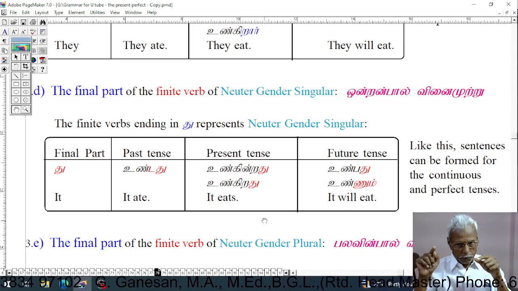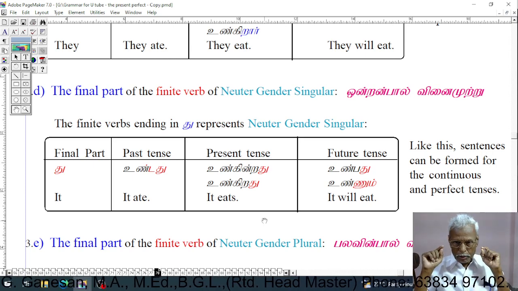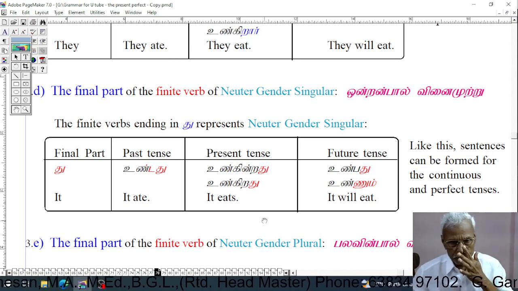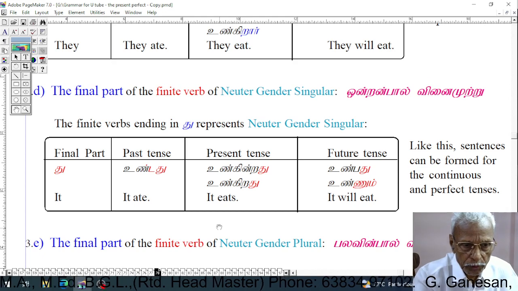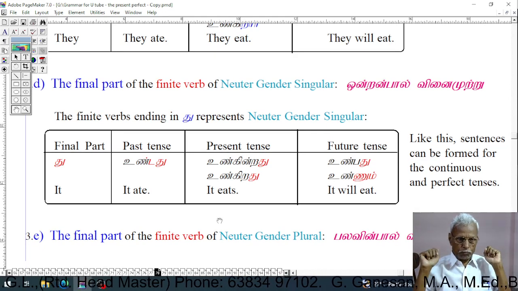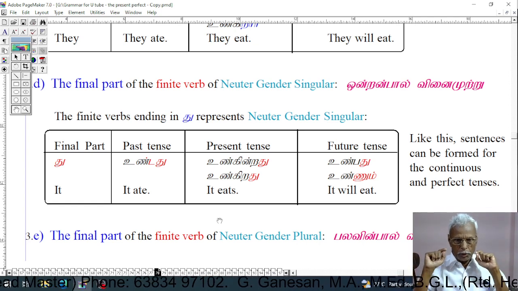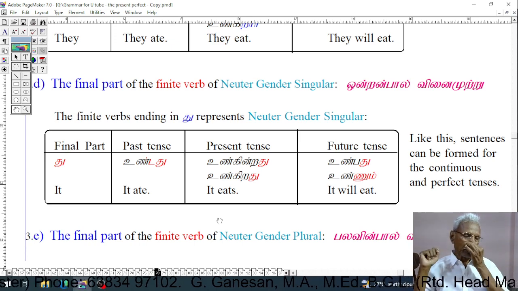But for future tenses, um is used for both singular and plural. Here, உண்டது, உண்கின்றது, உண்பது, உண்ணும்.